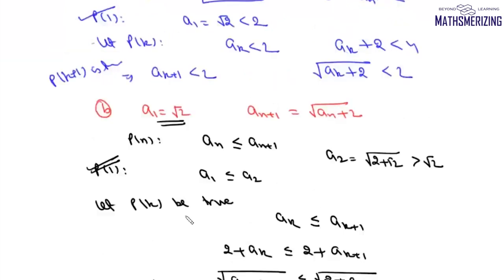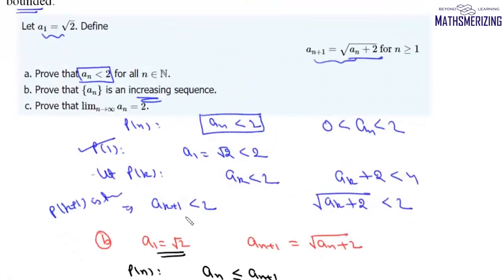So now we have this result that this sequence is bounded as well as monotonic. So from the monotone convergence theorem we can say that it is a convergent sequence. Now we need to find the limit of the sequence.